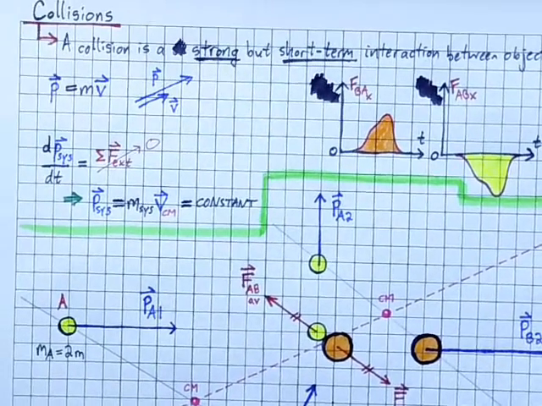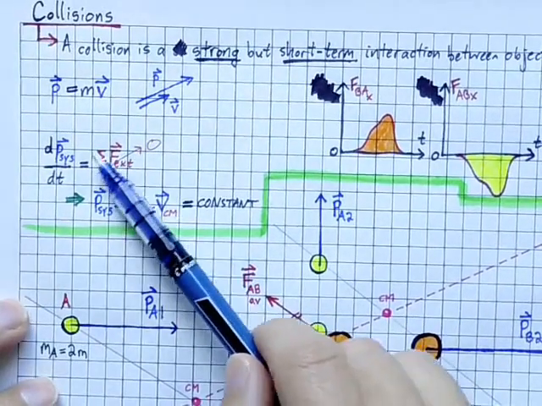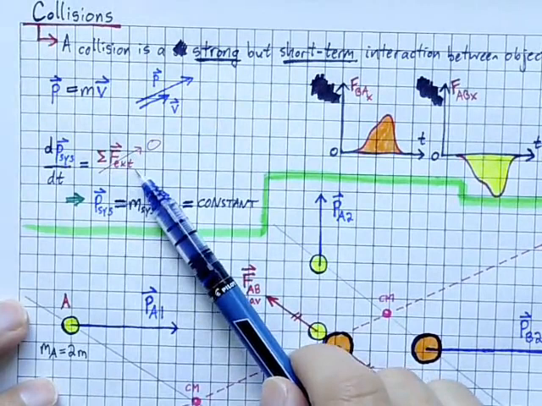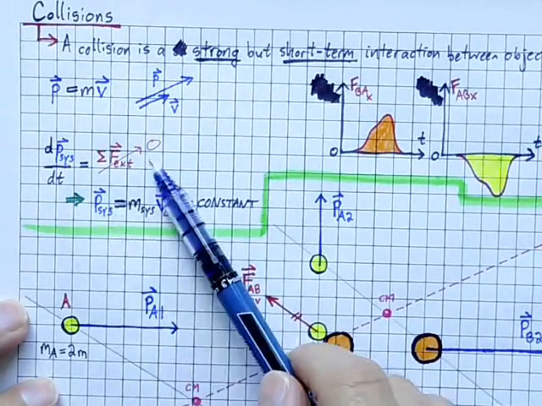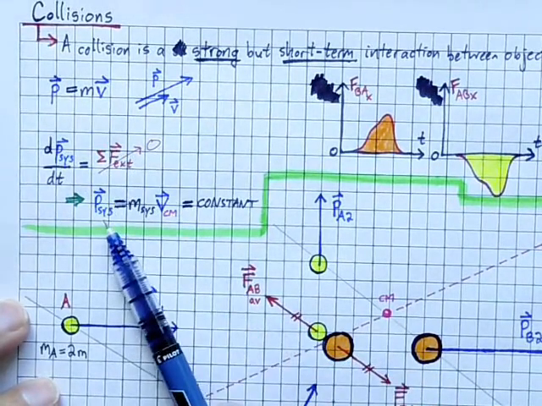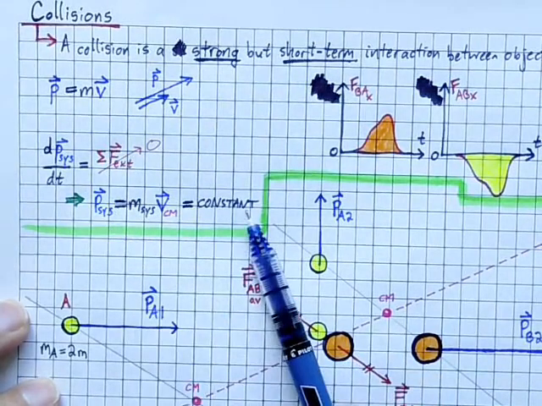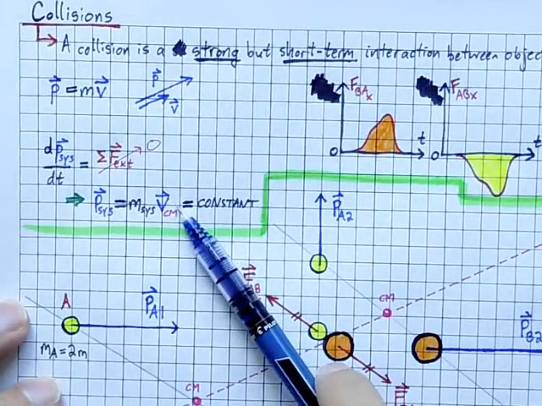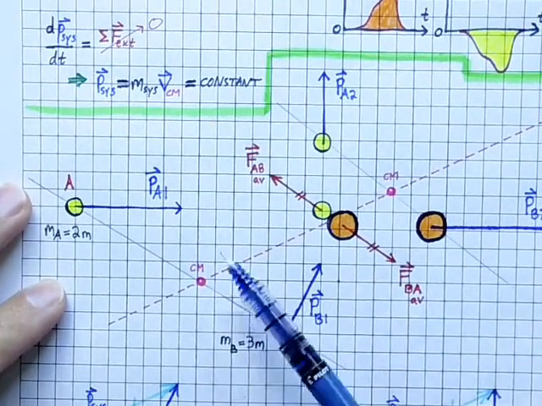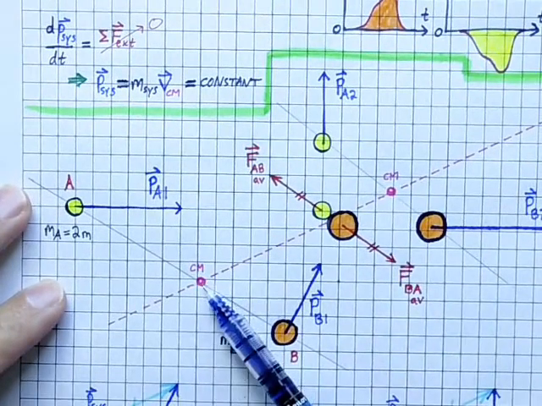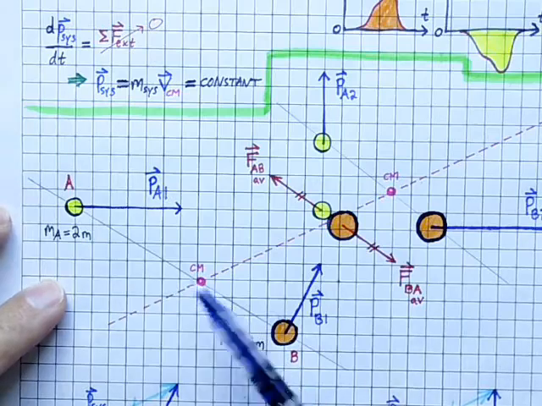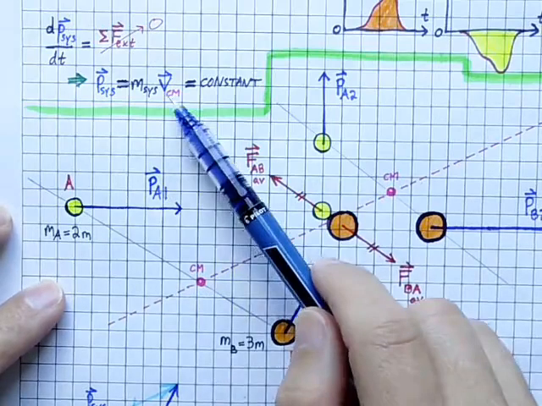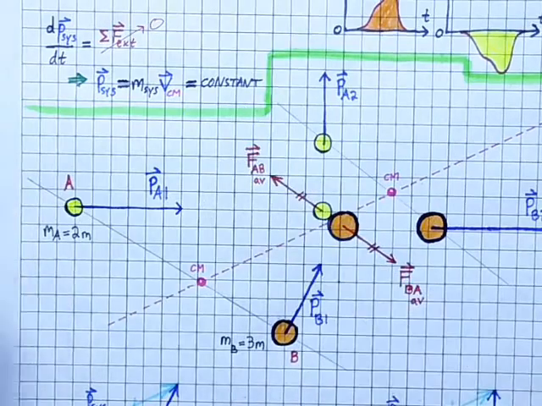And so if there is no net external force on our system, then dp/dt is zero. In other words, the momentum of the system is a constant this entire time, meaning the velocity of the center of mass, the velocity of that imaginary point that represents the sort of mean position of the masses of the system, that velocity is also constant.